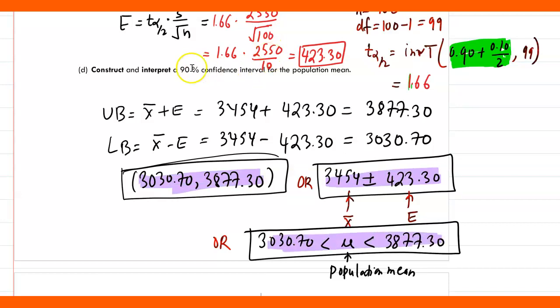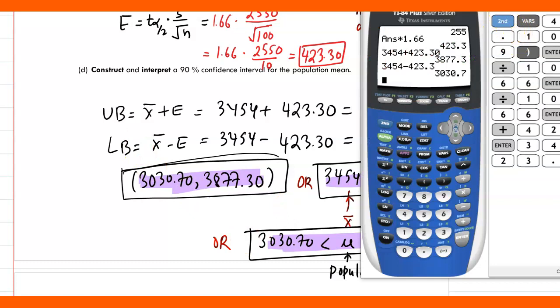Okay, that's the construction. Again, we can do that using the calculator. Let me show you how to find it. You go to STAT, then go to TESTS, and you choose number 8. Be careful, number 8.